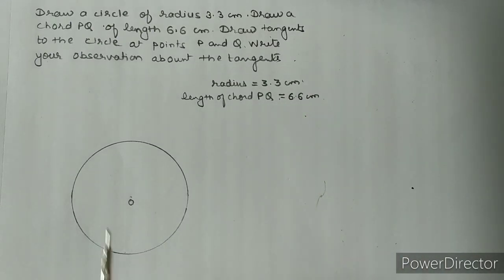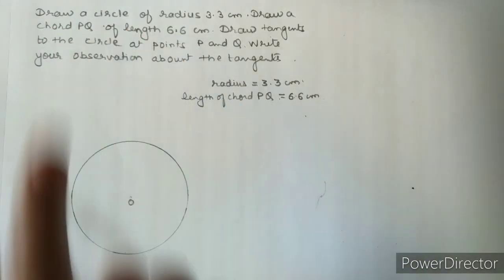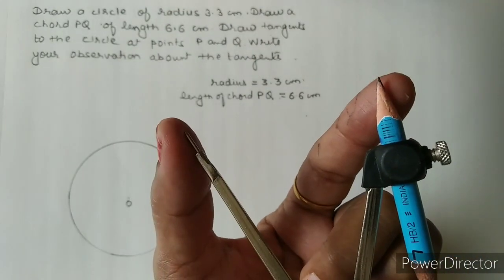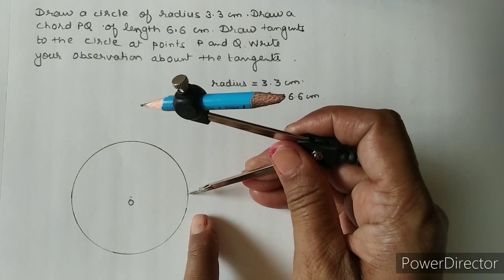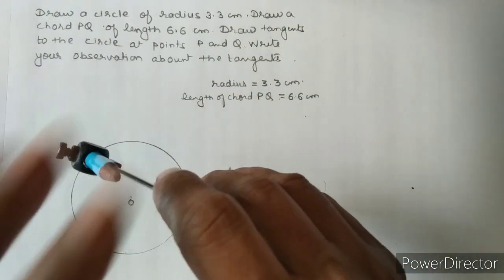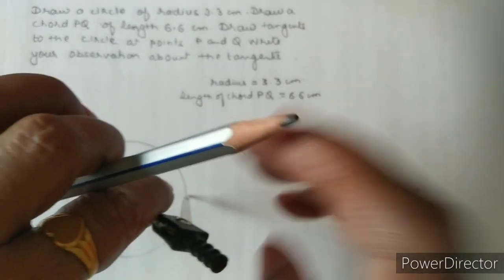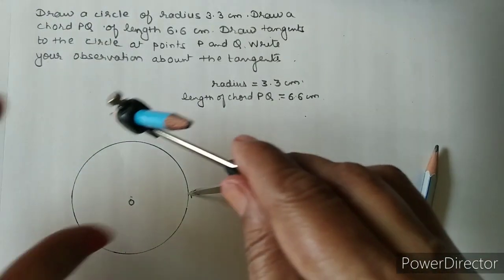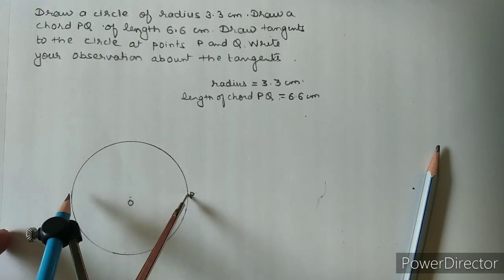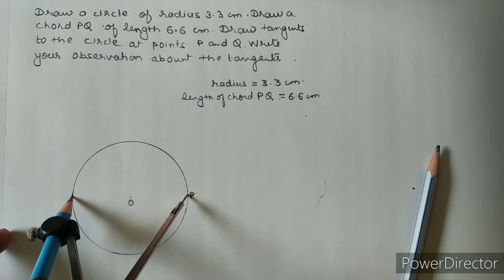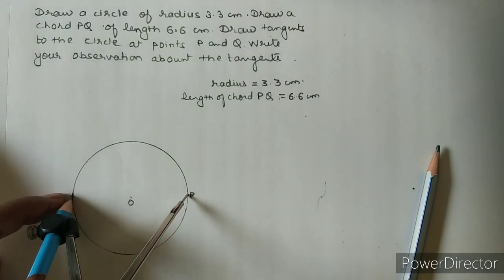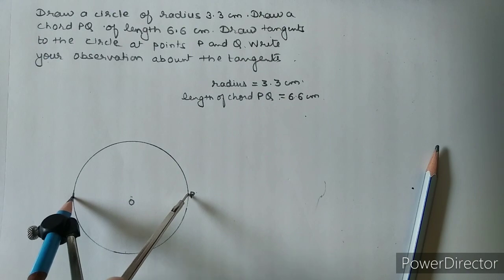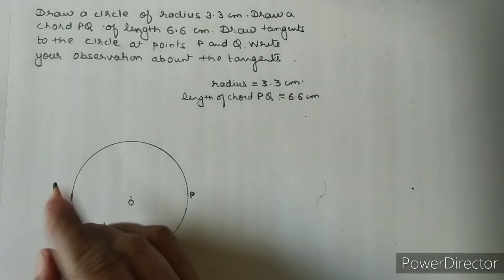So now we have to draw a chord of length 6.6 centimeter. Here take distance of 6.6 centimeter between the tips of compass and place here steel tip, and label this point as point P. Then you have to locate point Q, and point Q must be on the circle because 6.6 is nothing but diameter, and therefore you will get point Q here.